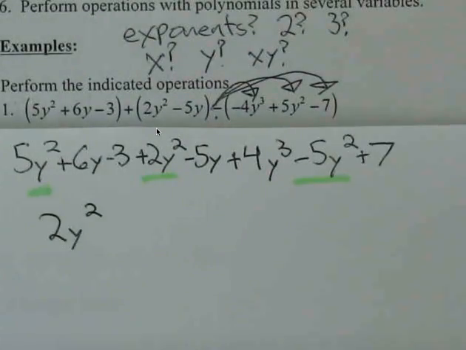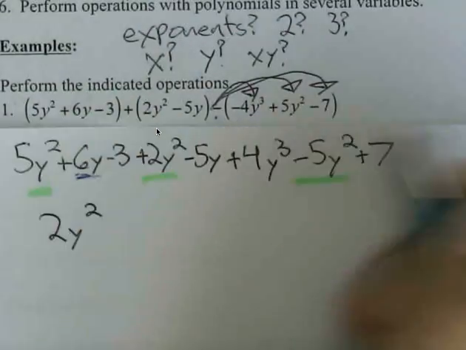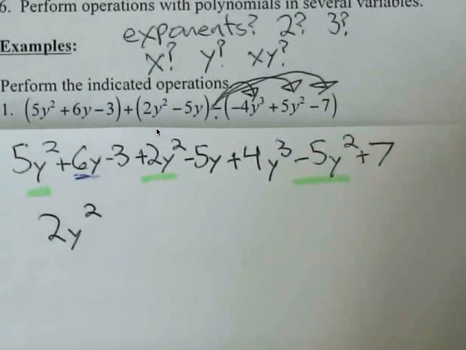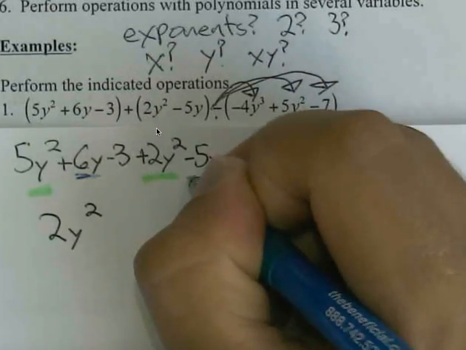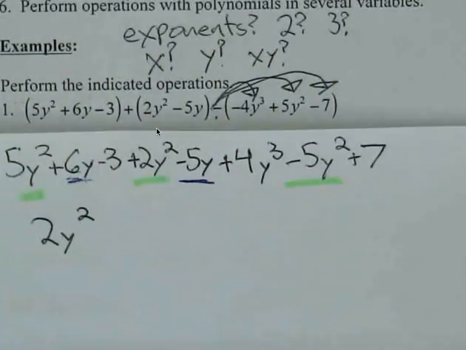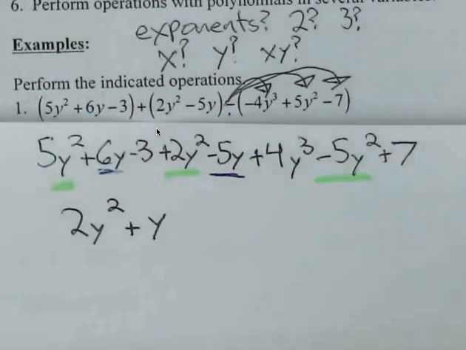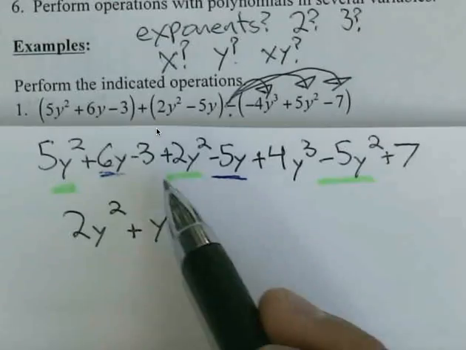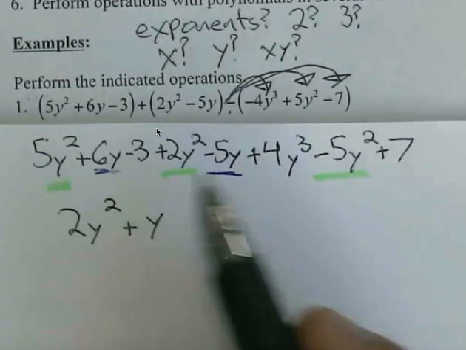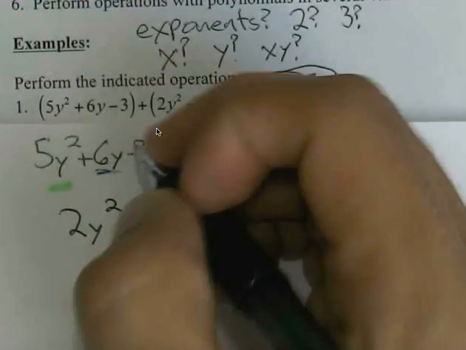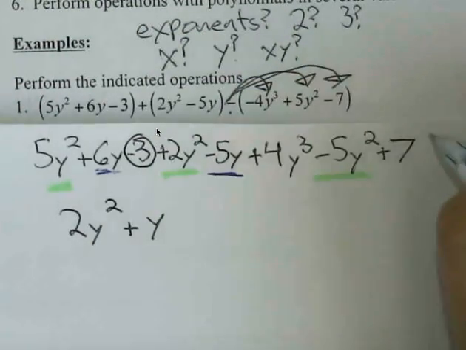We then have 6y. So if we get this, do we have any other y terms? We sure do. 6y minus 5y is going to just add on y. We then have just constants of negative 3 and 7, so we'll combine those. So I have a constant here, constant here.